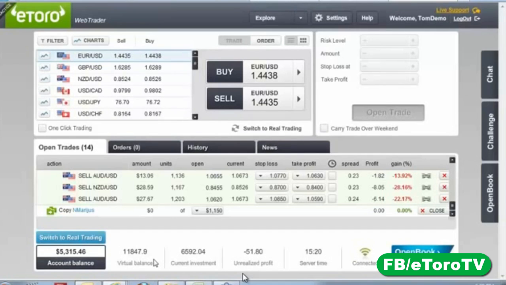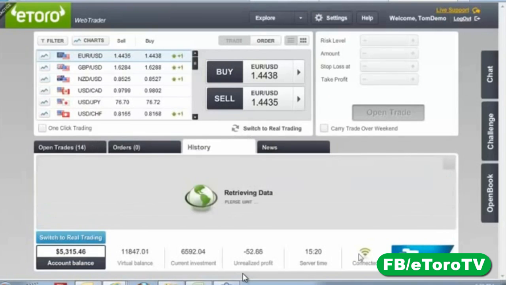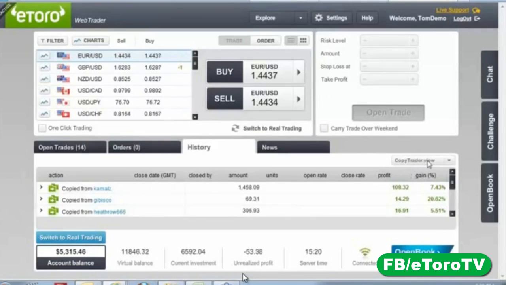And I opened the demo account very much like everybody else with $10,000. I made 18.5% in 7 weeks, and I did not open a single position myself. Want proof? Let's go to the history and look at that.